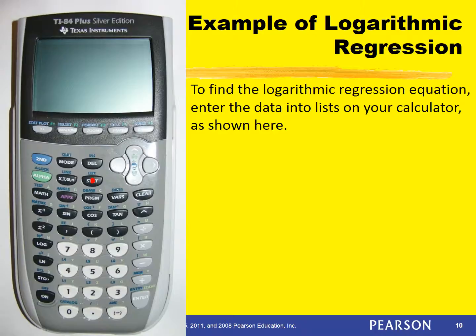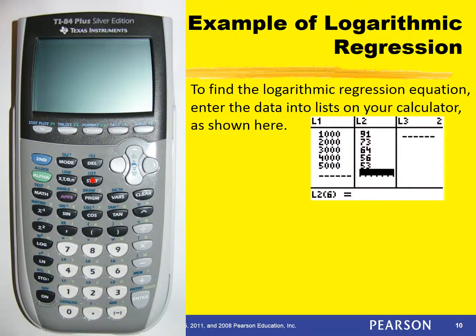So you hit enter, and then you have your lists there, list 1, list 2. You're able to input the data. Of course, these were the data that we were given. Okay, X, that's the number of screwdrivers produced and sold. P is price, which is a function of X.